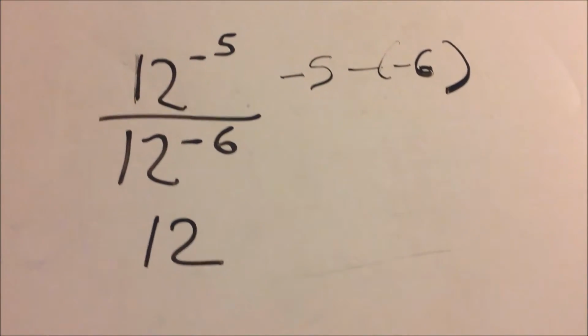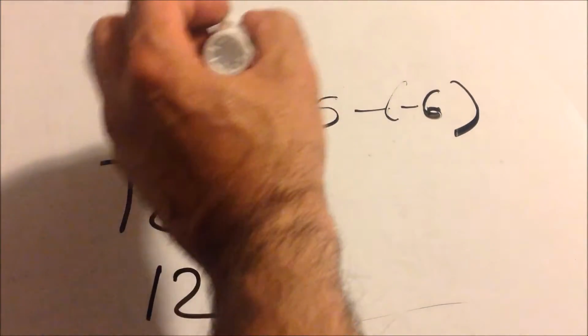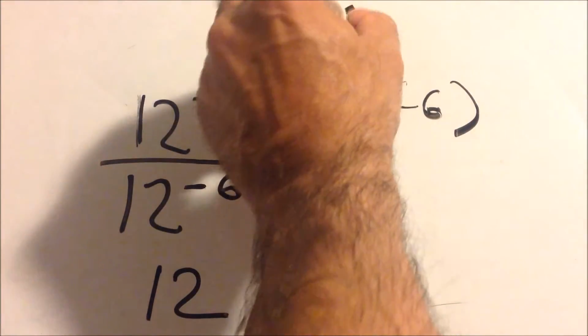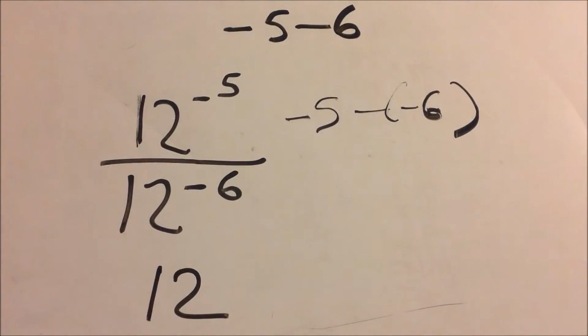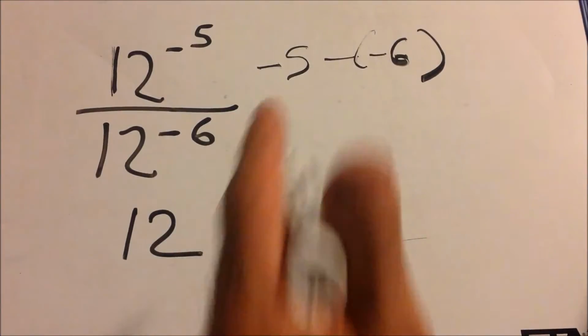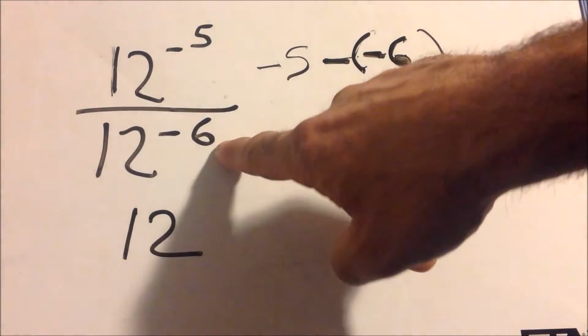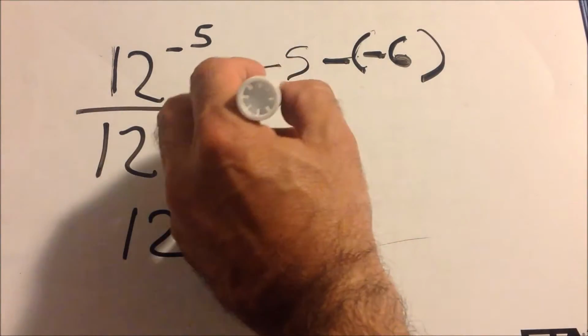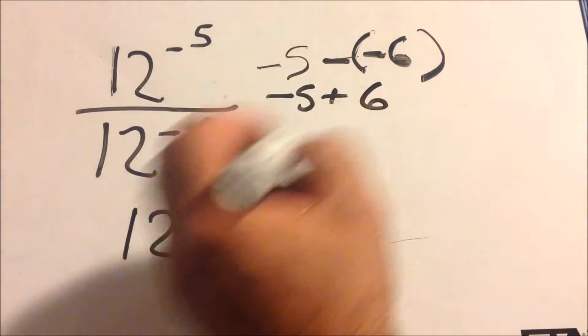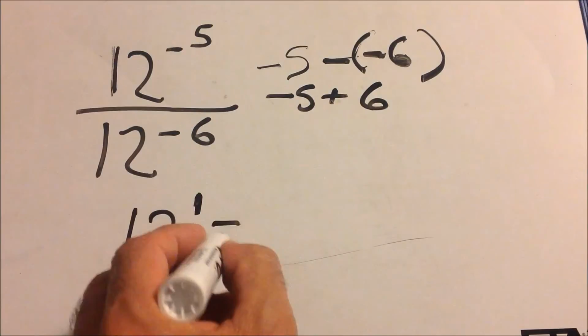A common mistake, and a lot of students do this, is to do negative 5 minus 6. Remember, in division we subtract, and we're subtracting a negative 6. So we keep change, and we're going to have 12 to the 1st power, or just 12.